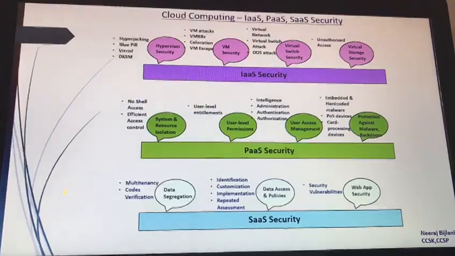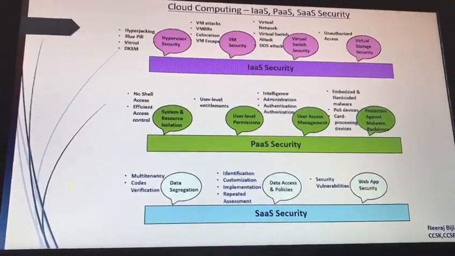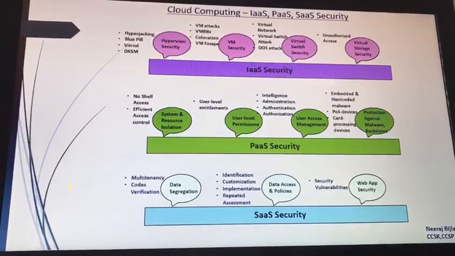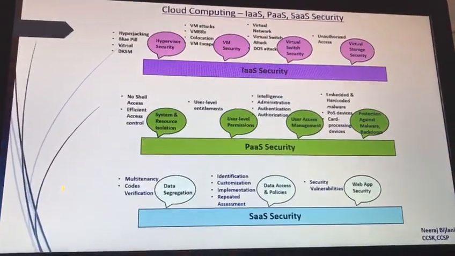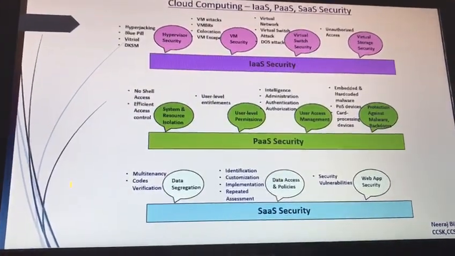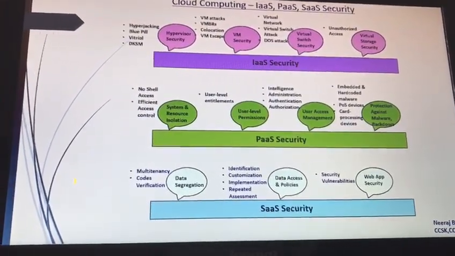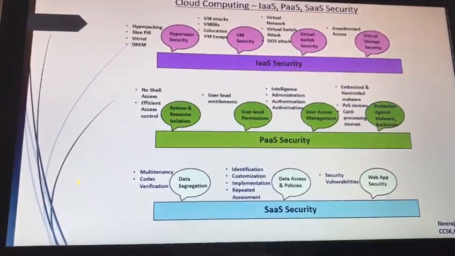There are many components that we need to secure in the IaaS security model, like all the underlying infrastructure that IaaS service providers, CSPs, provide. The main components are hypervisor security, VM security, virtual switch security, virtual storage security.